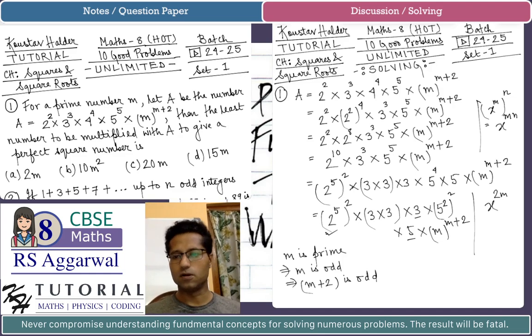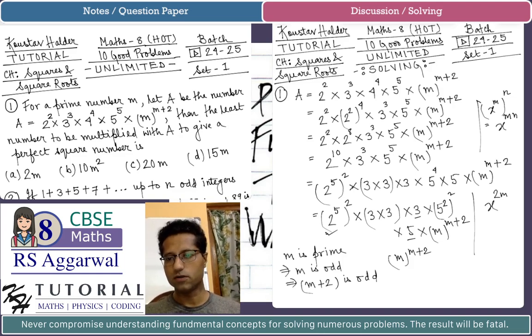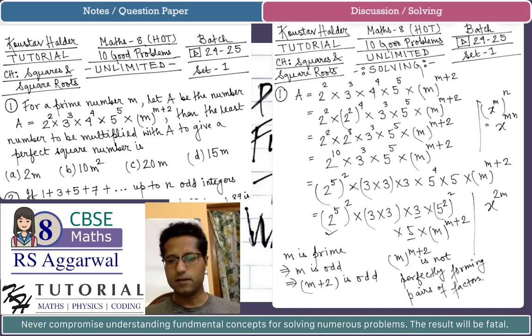So m plus 2 is odd, so the power is odd. So m to the power m plus 2 is not forming perfect pairs of factors. So you have to multiply to make it so.